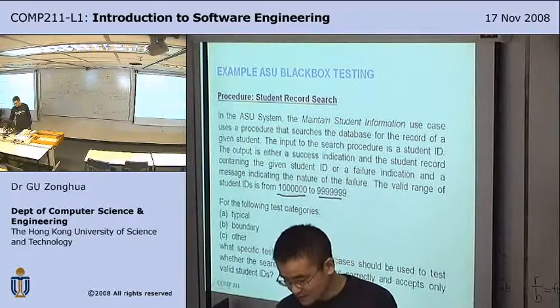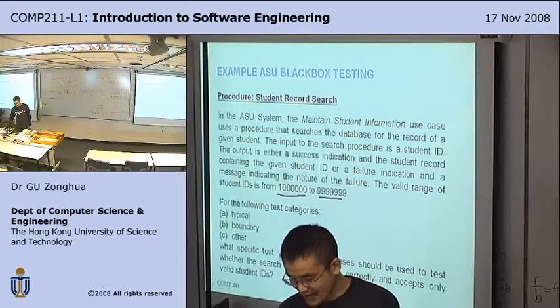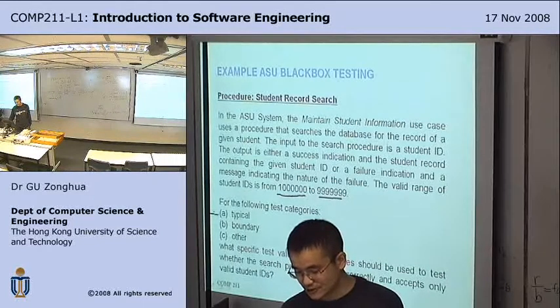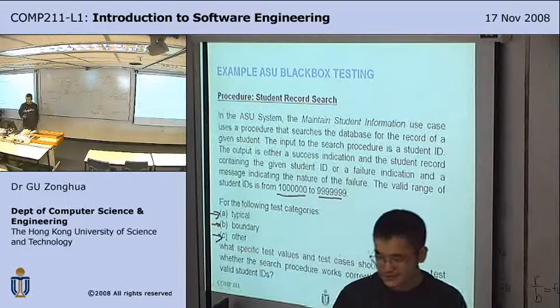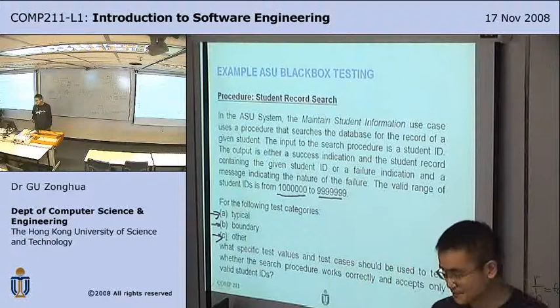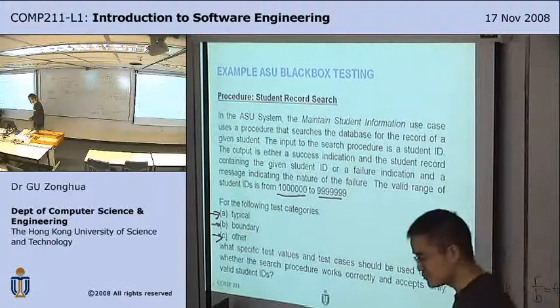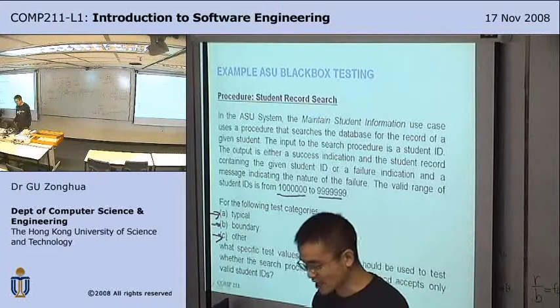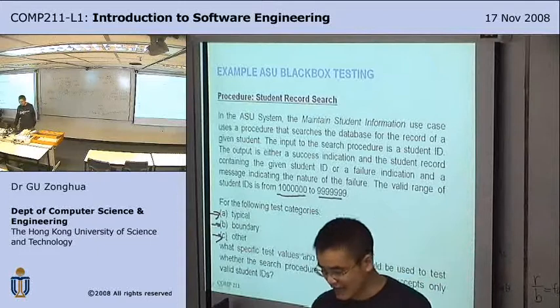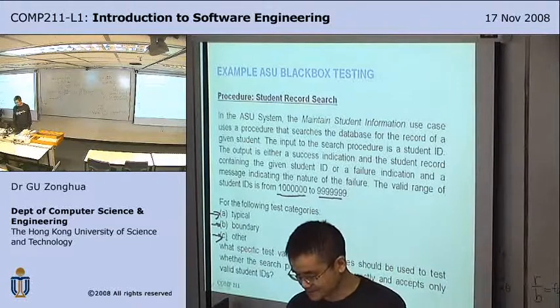For the following test categories, typical values, boundary values, and other, that is invalid values, what specific test values and test cases should be used to test whether the search procedure works correctly and accepts only valid student IDs?